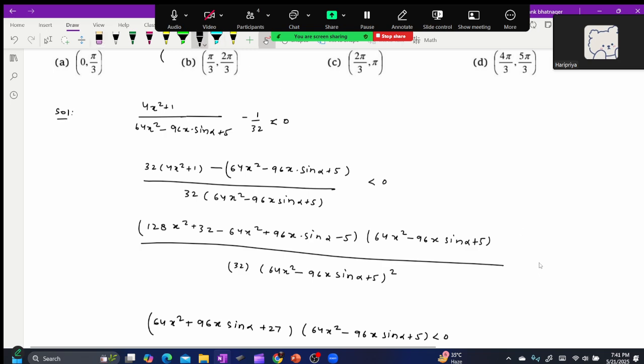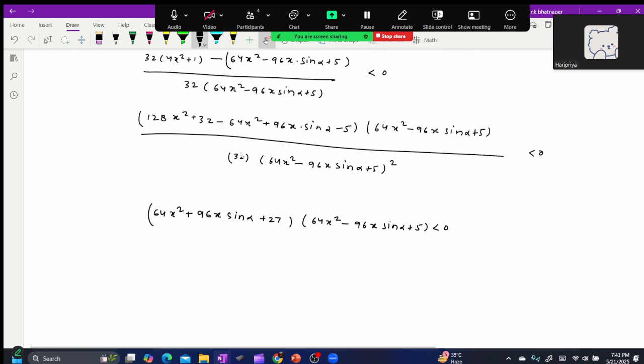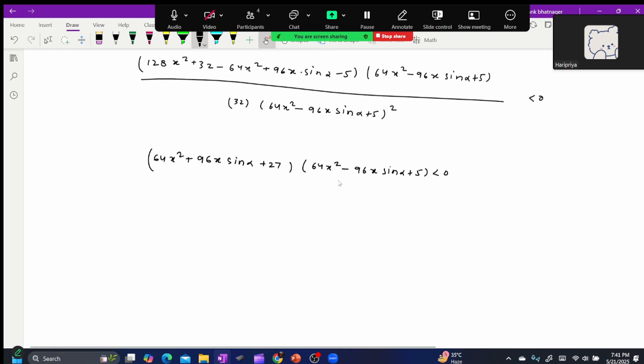Now you can safely remove them, because these two are positive, and the sign of the inequality will only depend on these two factors. That's why I just removed the denominator. Okay. Now see.